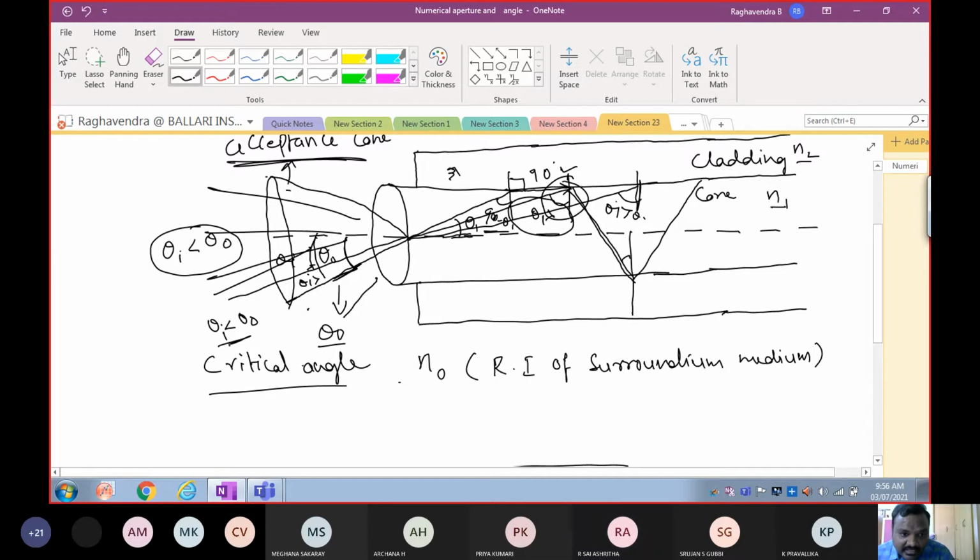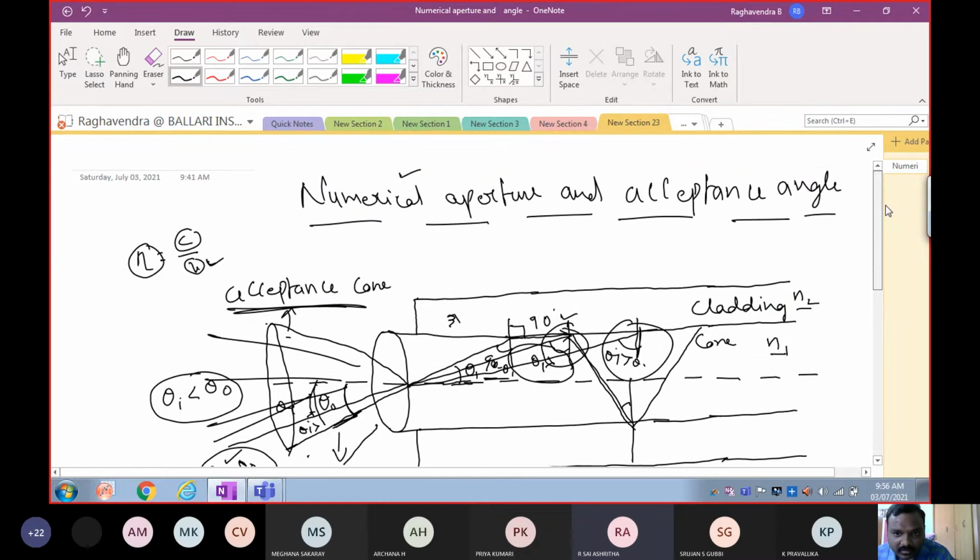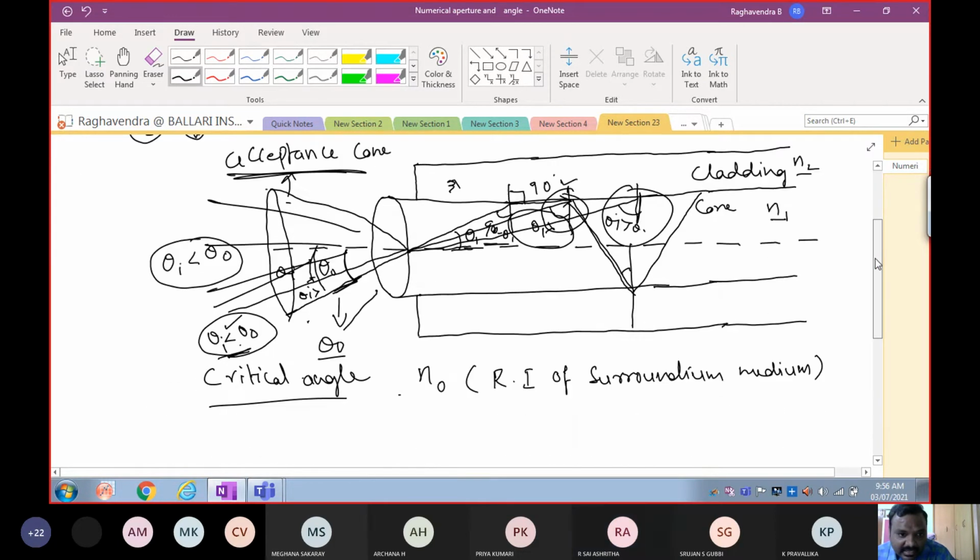Whenever the light ray falls inside the acceptance cone, the angle of incidence is less than the acceptance angle, but at the interface the angle of incidence is greater than the critical angle. That's why it undergoes total internal reflection.